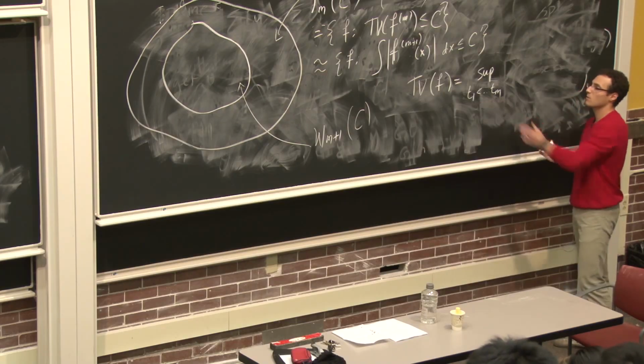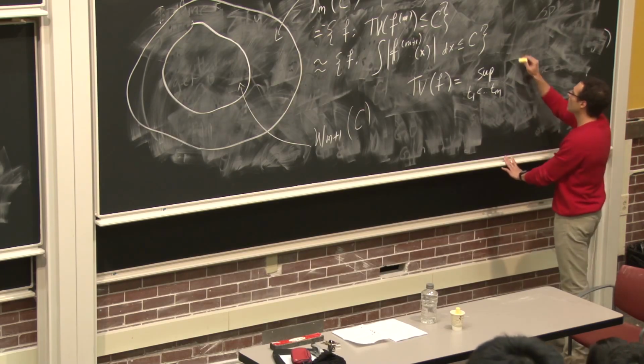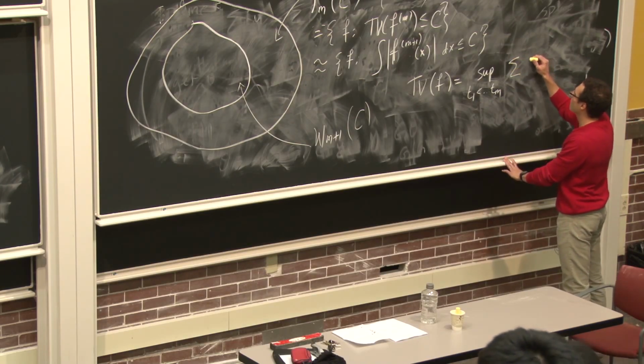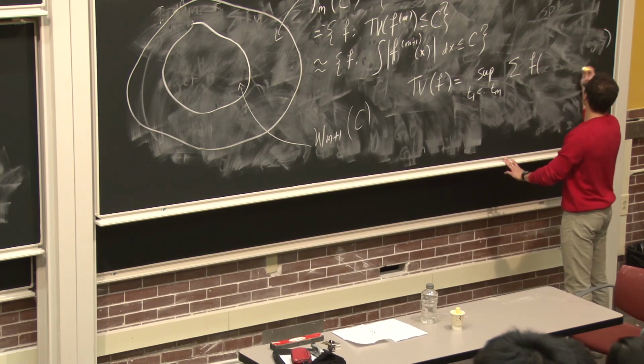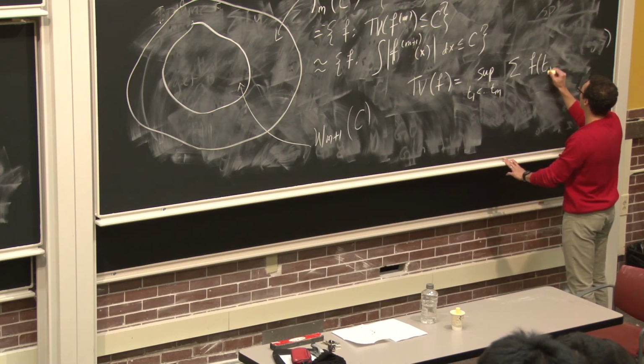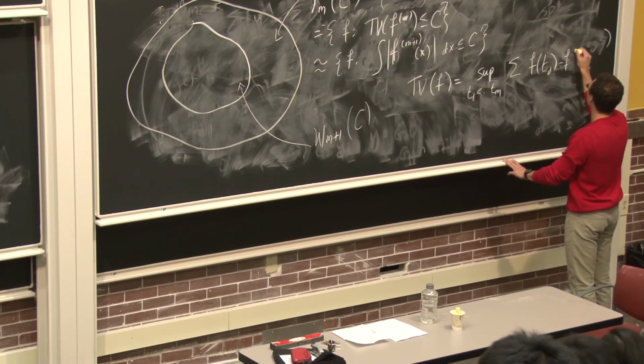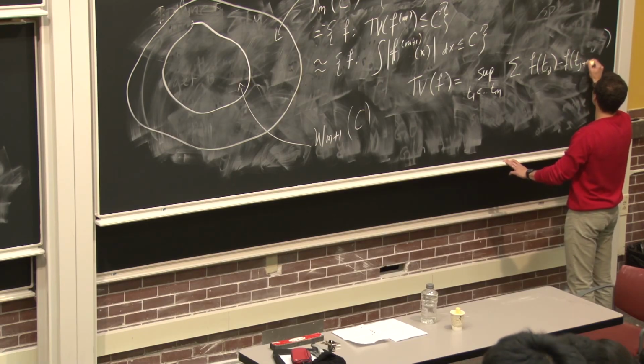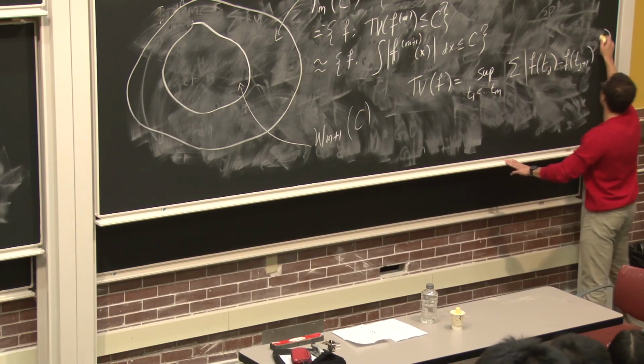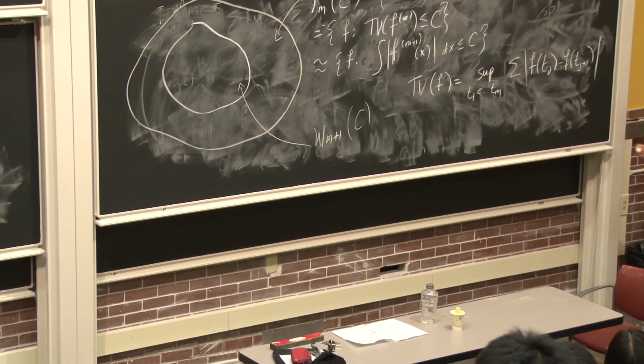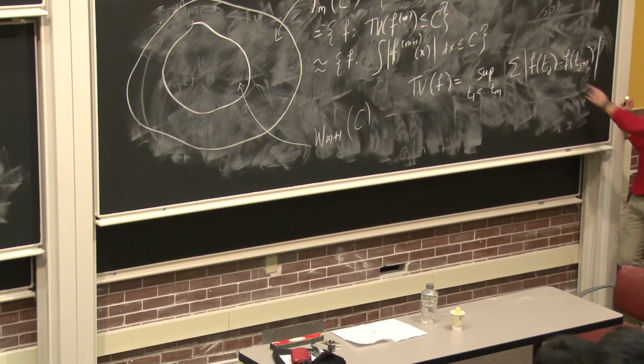So I take all possible partitions of 0, 1, and I look at the increments of the function, absolute increments, and I add them up. That's the total variation. So it's the biggest I can make the function differ if I add up these increments in absolute value over partitions of its domain.